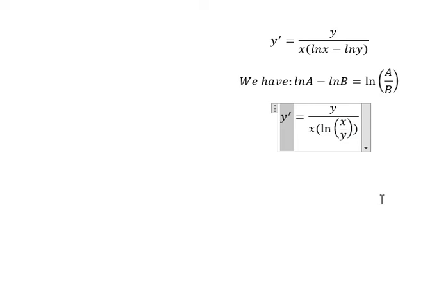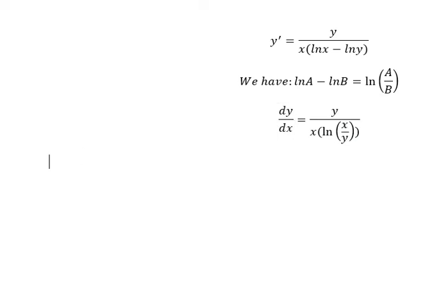This one we change by dy over dx. Next, we see that y over s, they are degree number 1. So that means this is about homogeneous.